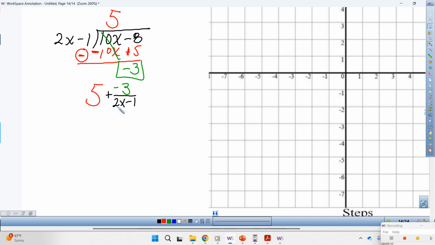Circle. Okay. And this goes to the back. So then we got plus 5 in the back, and we're left with negative 3 over 2x minus 1 in the front. So far, so good. What do I do next? Tell your neighbor, please, and then Mario's going to pass him one. Mariah.